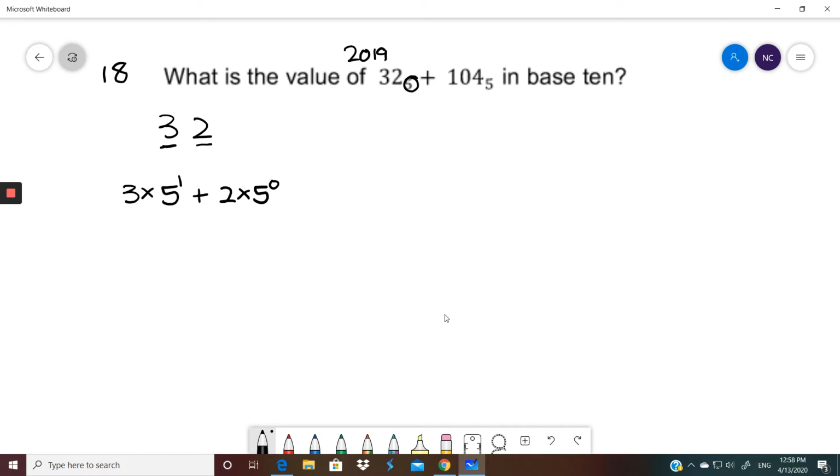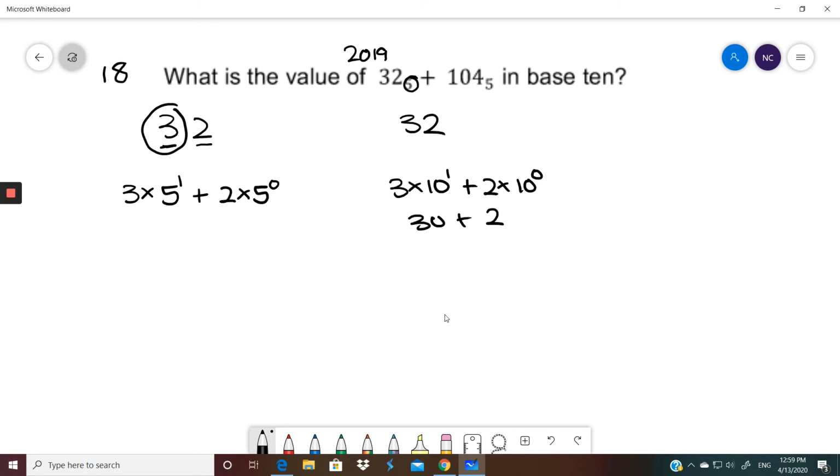So basically, 32 in base 10 is the same thing as 3 times 10 to the 1 plus 2 times 10 to the 0, right? 30 plus 2. But in base 5, this 3 doesn't mean 3 tens.